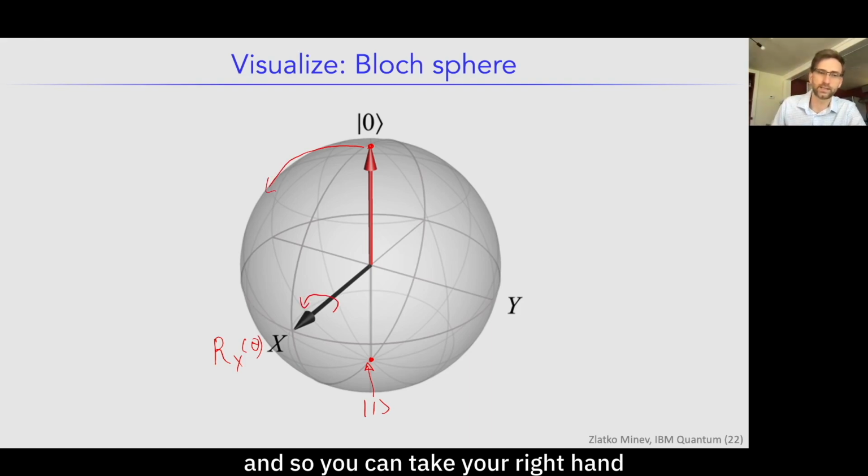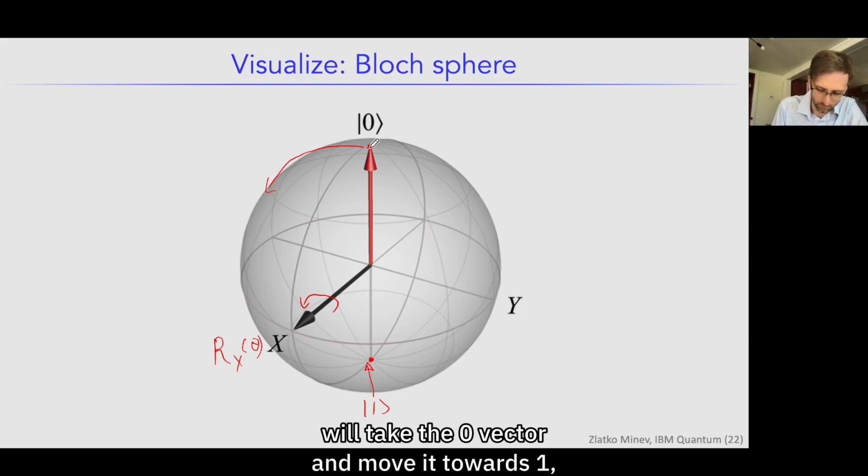And so you can take your right hand and use the right hand rule, putting your thumb up along the x and curling your other fingers to see that the application of this gate will take the 0 vector and move it towards 1.